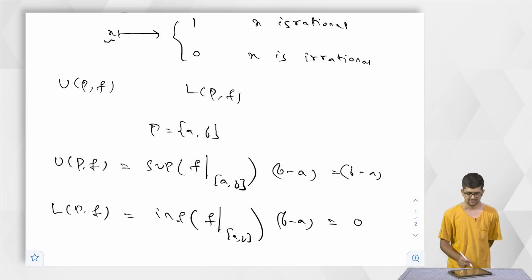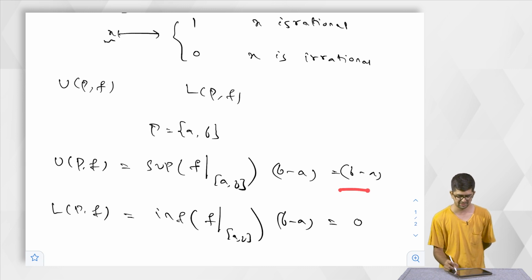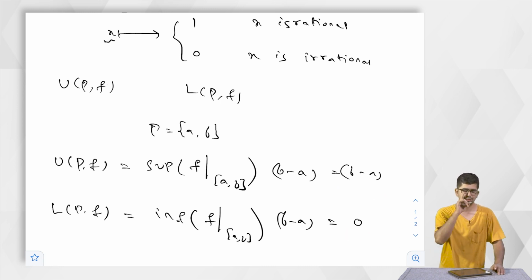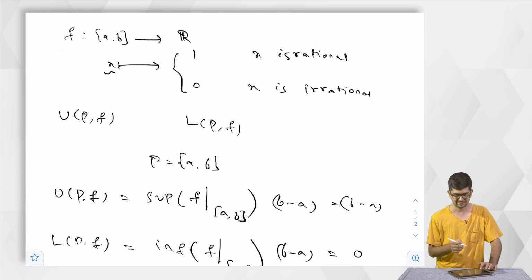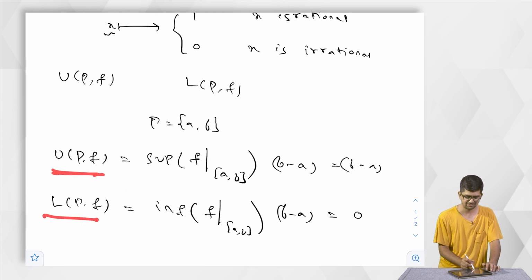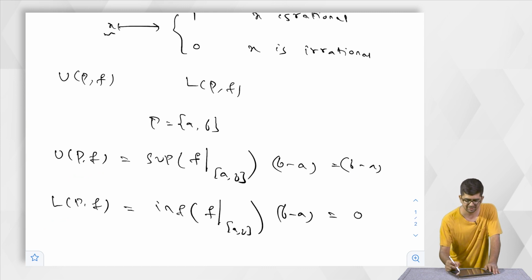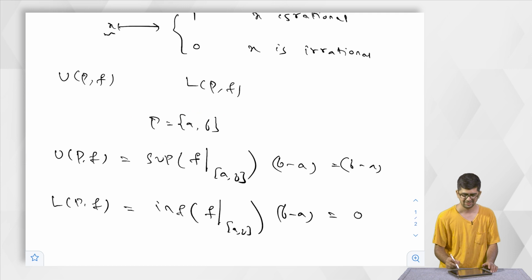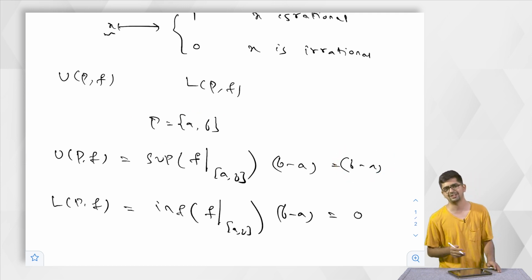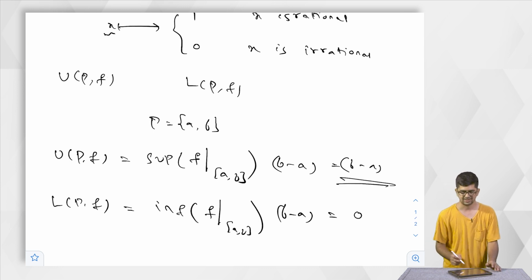Now here these two are very much different. So what is the notion for an integrable function? A function f is said to be integrable if for every epsilon there is a partition such that U(P,f) minus L(P,f) is less than epsilon. Here it is b minus a minus 0, which is simply b minus a. If this were the appropriate partition for integrability, then this should be less than epsilon. But if I take [a, b] to be a very big interval, then this is not less than epsilon.